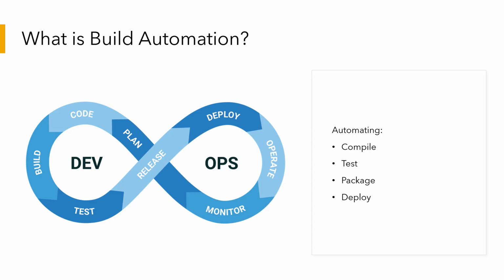With build automation, all of these steps are combined into a single automated workflow. For example, instead of typing multiple commands, a developer can just trigger the entire process with a single action, like pushing code to a repository. This makes the development process much faster, more consistent, and much easier to manage and maintain.